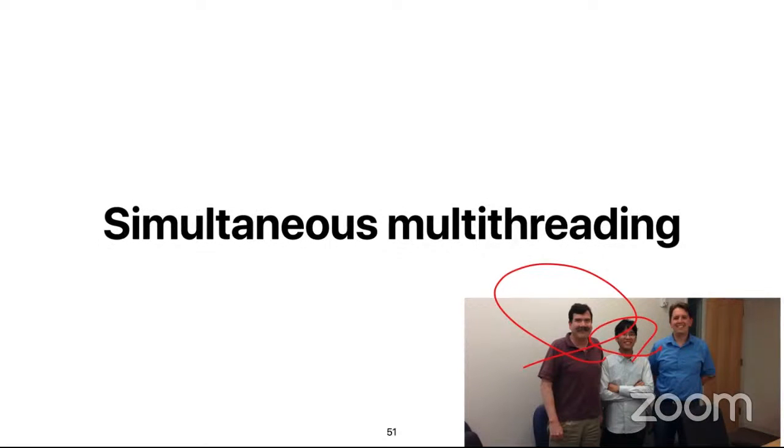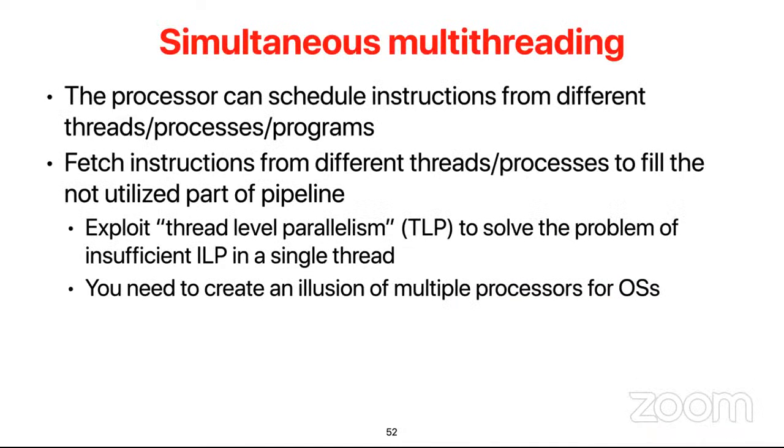So what is simultaneous multi-threading? The basic idea is that the instruction level parallelism of a single thread is really low. However, we have more functional units than the instruction level parallelism that is available in most programs.